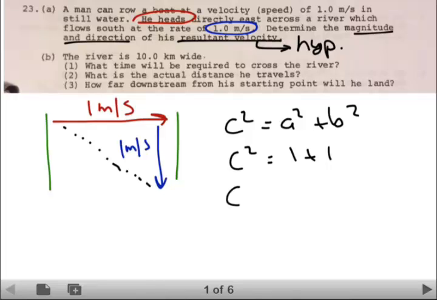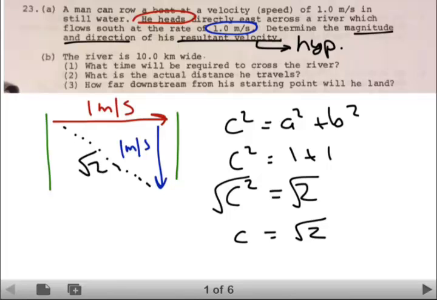So c squared is going to equal 2, take the square root. So c is going to be equal to the square root of 2. And if you put that in your calculator, you should have that c equals 1.41 meters per second.